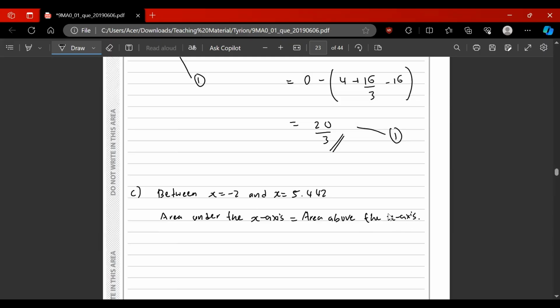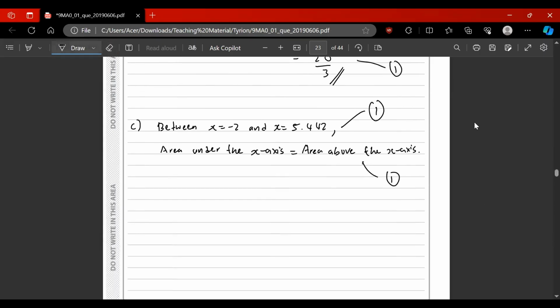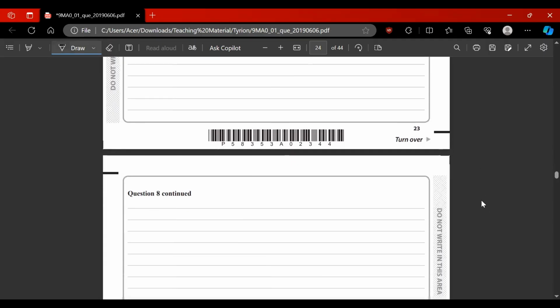This is the conclusion which we can reach from looking at the graph. So making sure you mention the correct coordinates and also the correct conclusion, which is the area under the x-axis is equal to the area above the x-axis, gives you the 2 marks. So that's the end of question 8 there.